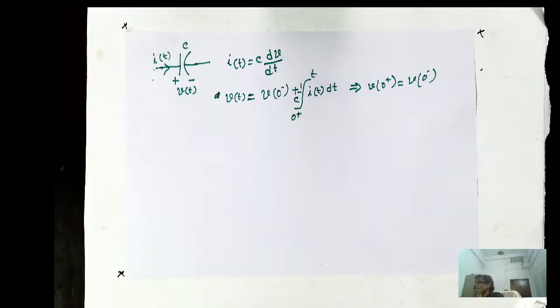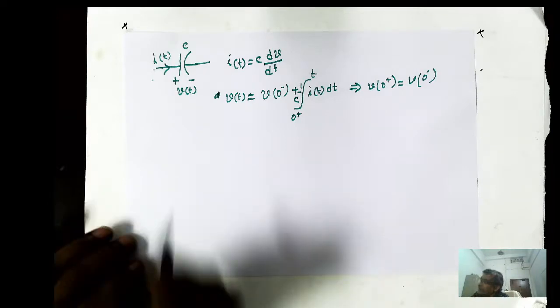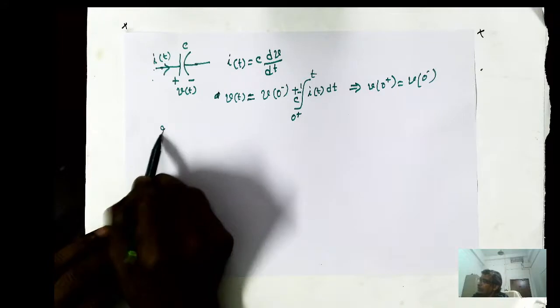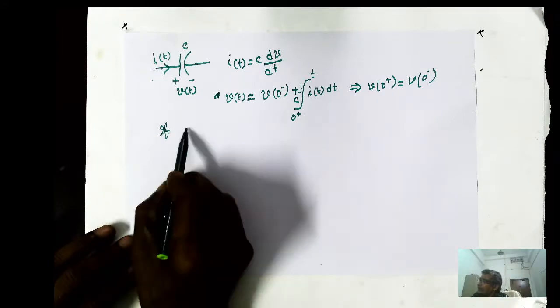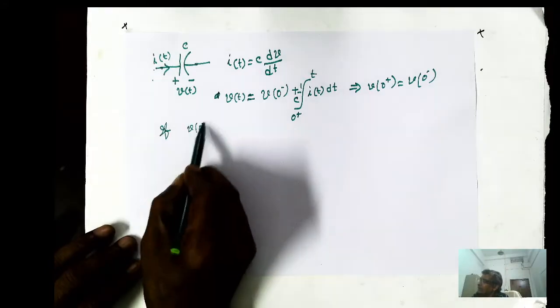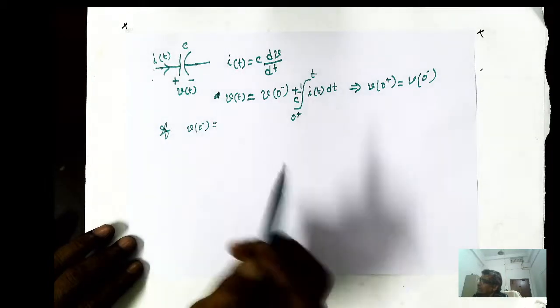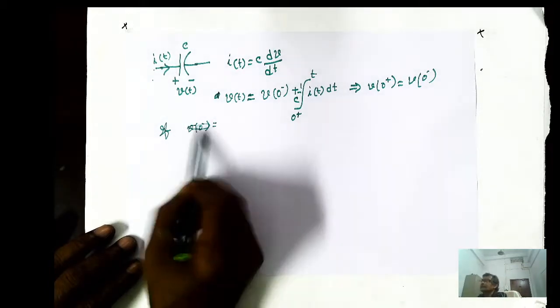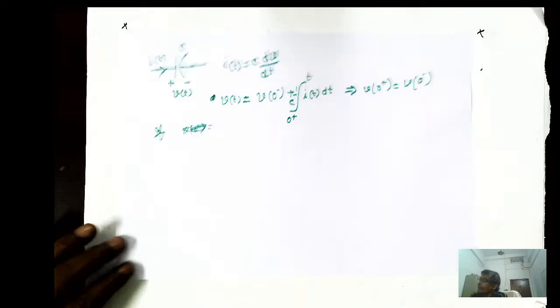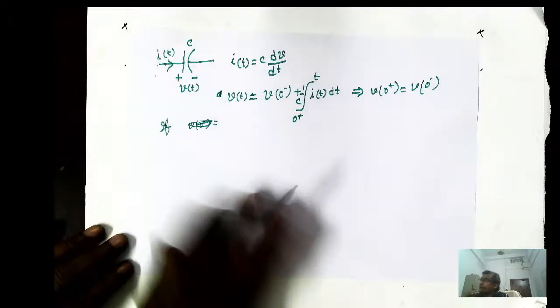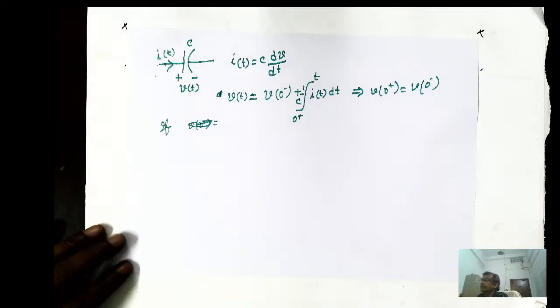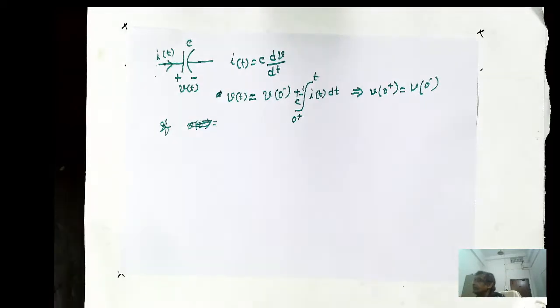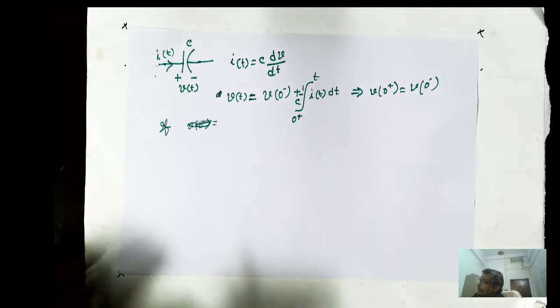Now, suppose the voltage across the plates of the capacitor is v(t). The way I have drawn and assumed the polarities of the voltage and direction of the current, energy is absorbed by the capacitor.